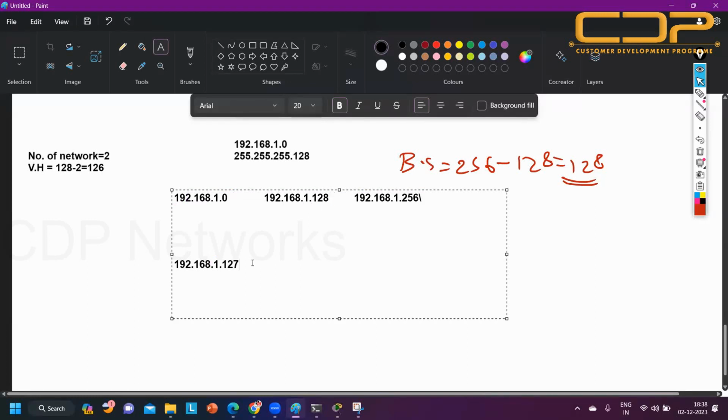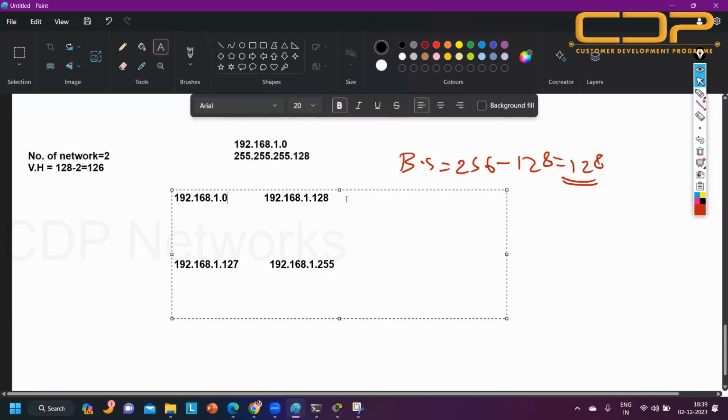And the second network will end on what IP address? 192.168.1.255, because the next network would start from 256, which is not valid. So these are my two networks now.